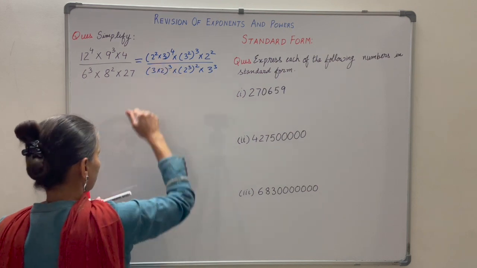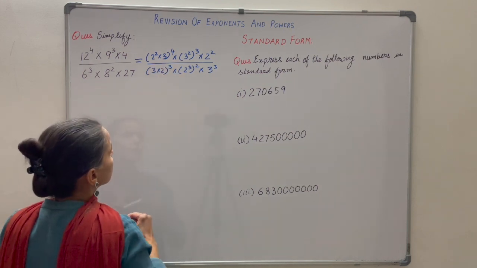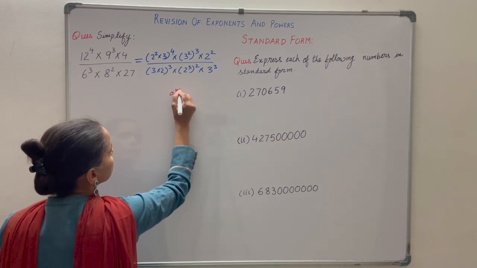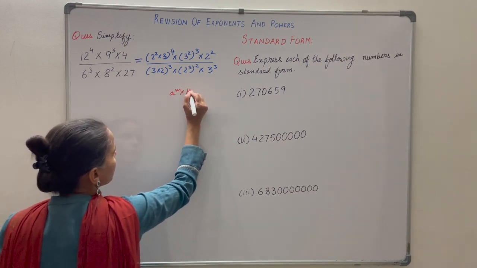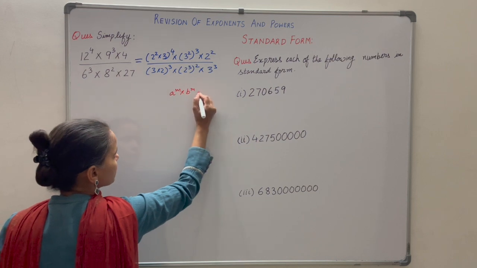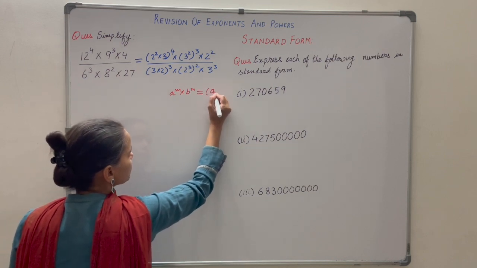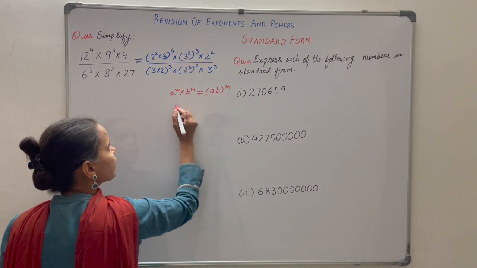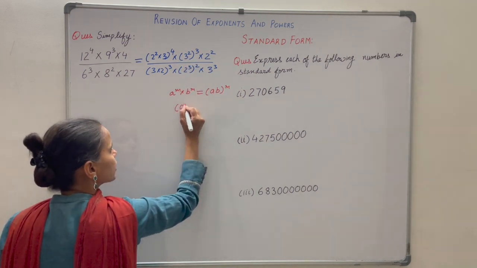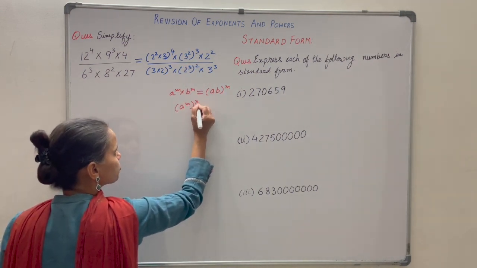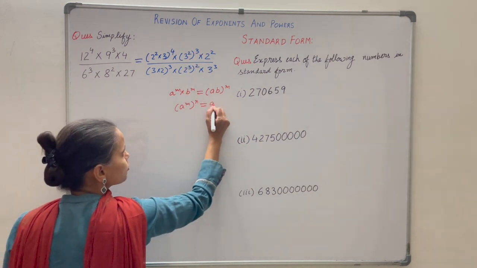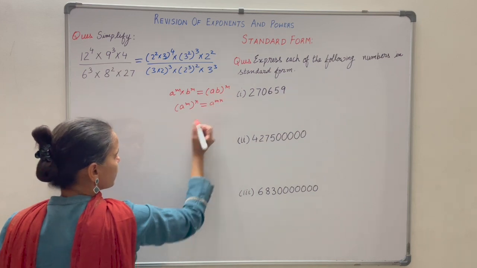So for this one I am going to use a raised to the power m into b raised to the power m, where the bases are different, powers are same, that is equal to ab whole raised to the power m. And to simplify this, I am going to use a raised to the power m whole raised to the power n, then powers get multiplied. So a raised to the power m into n.